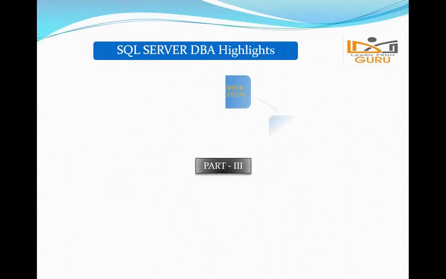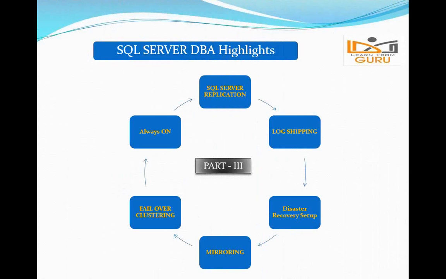The next one, part 3, is where we spend 40% of my time. This is the core. If you want more money, you should know this part. High availability and disaster recovery features in SQL Server. Every box I represent here, I probably did replication on more than 100 or 150 servers.